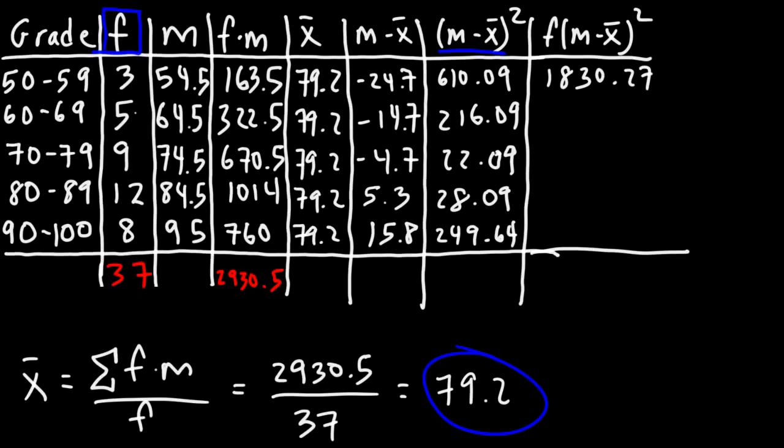Now let's multiply 5 by 216.09. And so you should get 1080.45. Now this work is pretty tedious, but this is how you would do it if you're not going to use Excel or a calculator.